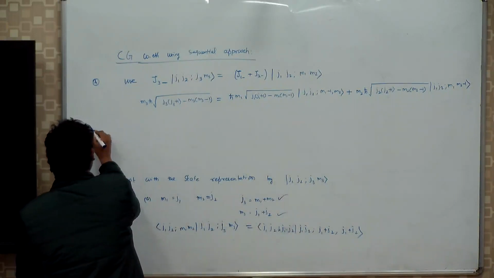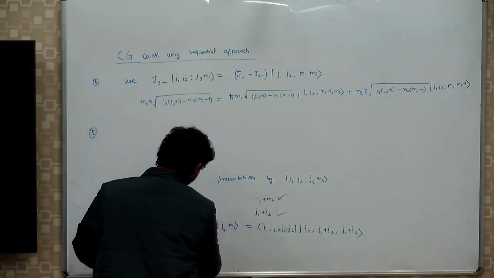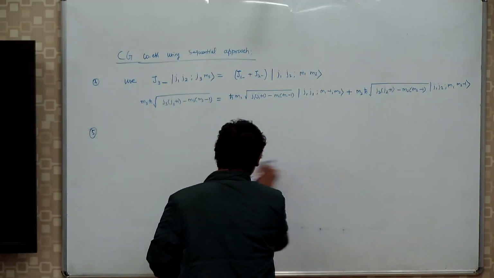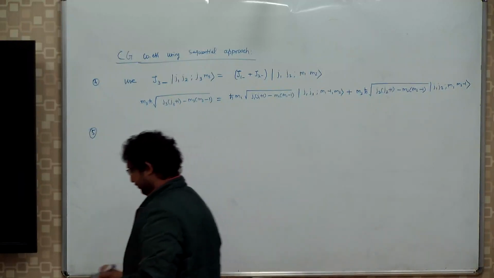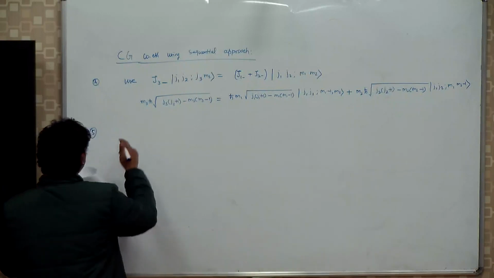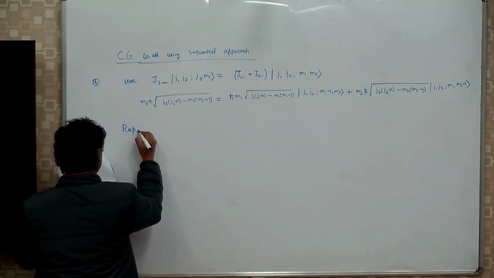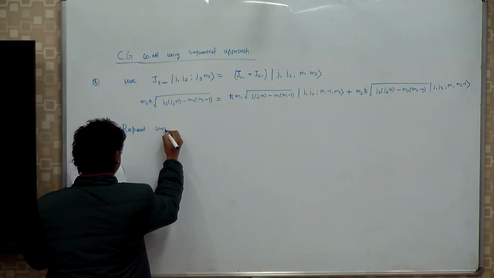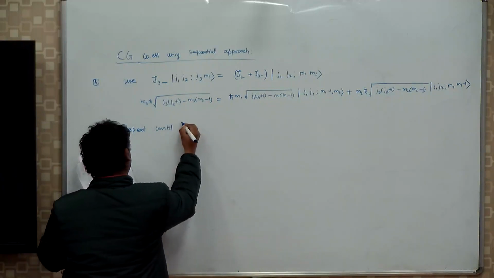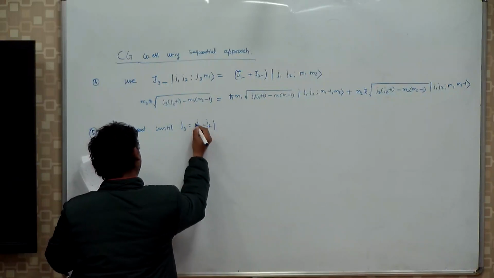And the fifth one: repeat until J3 equals J1 minus J2.